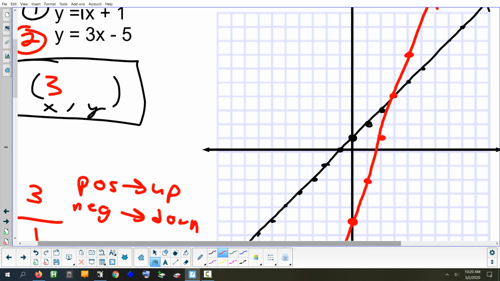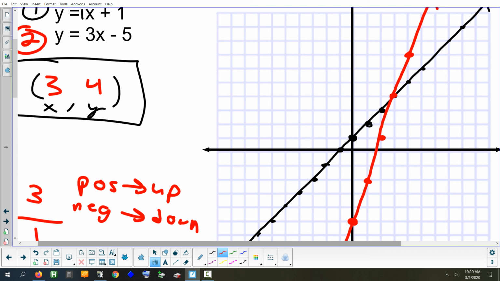X is 3. Let's see. 3 comma what? 4. Yeah. So if you go right 3 and up 4, it looks like that's the answer.